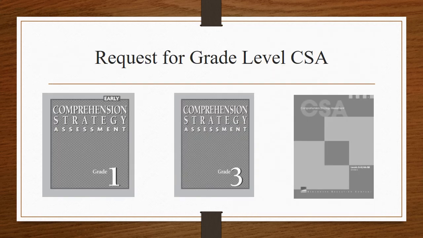Moving on, I wanted to just talk briefly about the email that I sent to grade level chairs requesting their grade level CSA. So if you've completed, in the email, I specifically shared what particular objective CSA I wanted to have a copy of. Not even a copy, I can have the original, and I'll return it back as soon as possible.